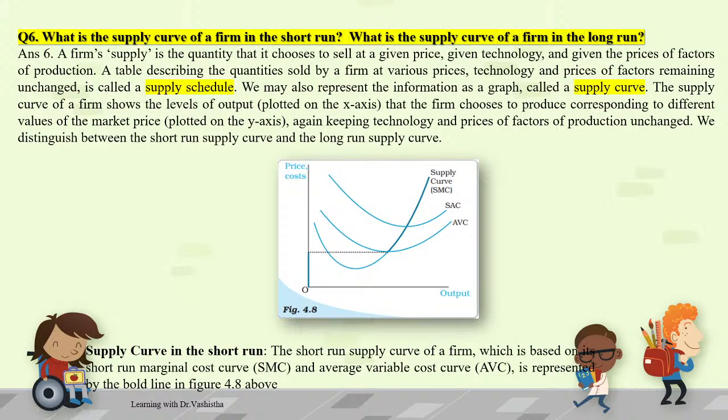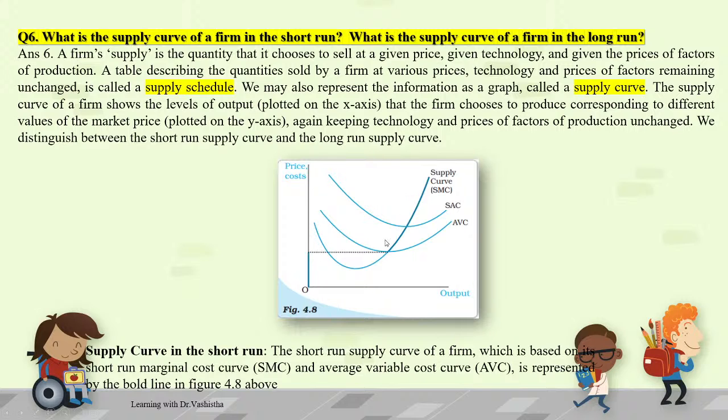Here is the short run supply curve of a firm, which is based on its short run marginal cost. You can see that this is the short run average cost, this is the short run average variable cost, and this is the fixed cost line.